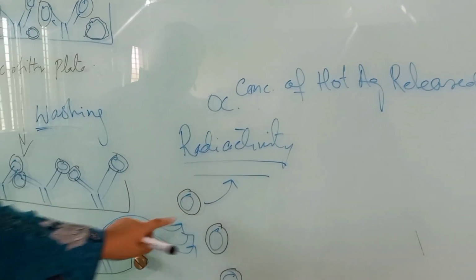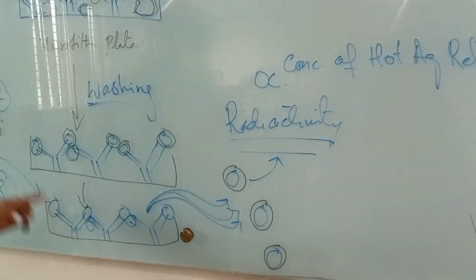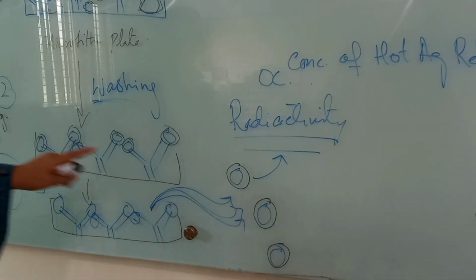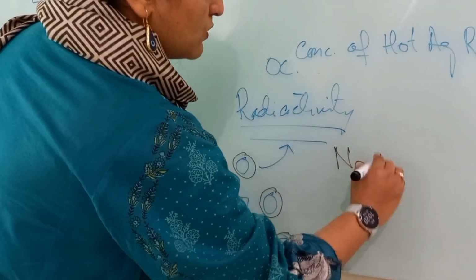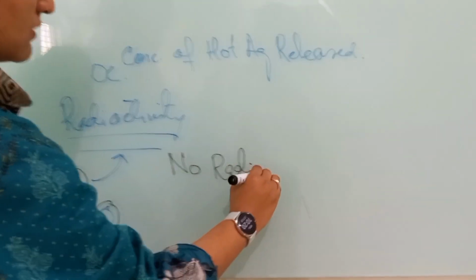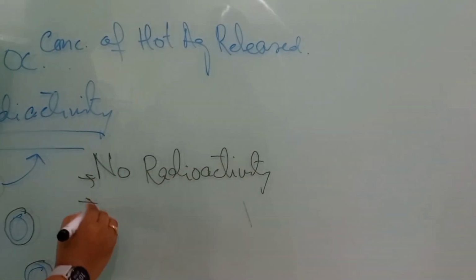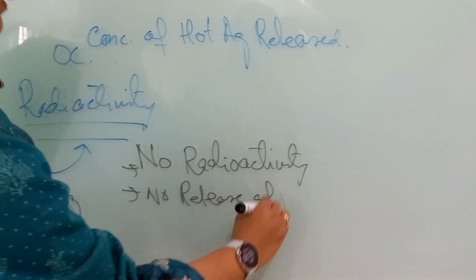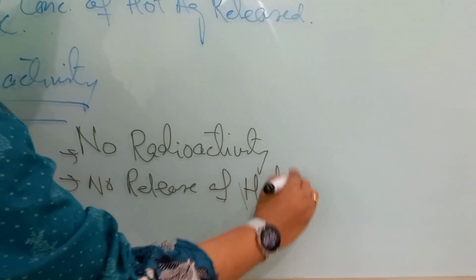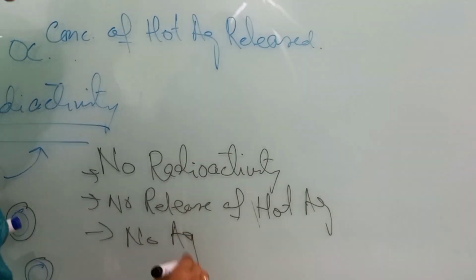So if there is a release of hot antigen, that means the same antigen was present in the sample. If there is no radioactivity, that means there is no release of hot antigen, and that means there is no antigen in the sample.